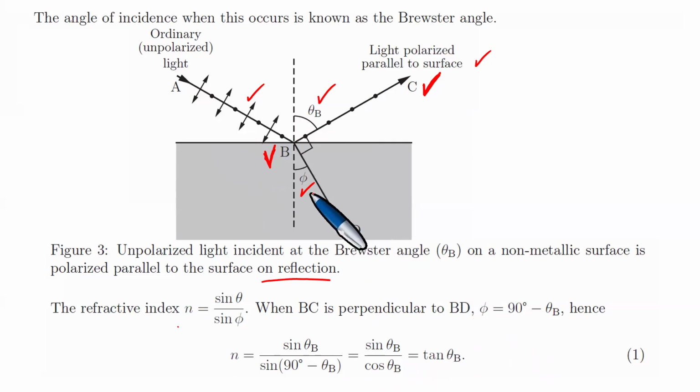The angle phi therefore becomes 90 degrees minus theta B. Hence, n becomes the sine of theta B divided by the sine of 90 degrees minus theta B. This is the sine of theta B divided by the cosine of theta B, which is the tangent of theta B.